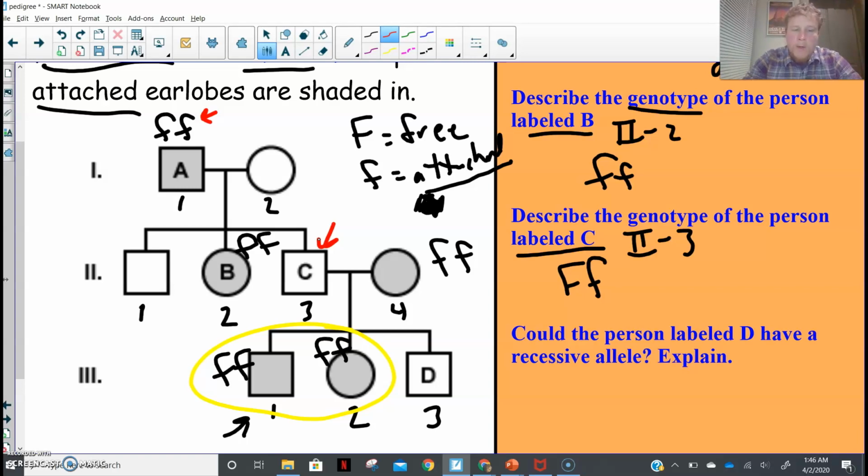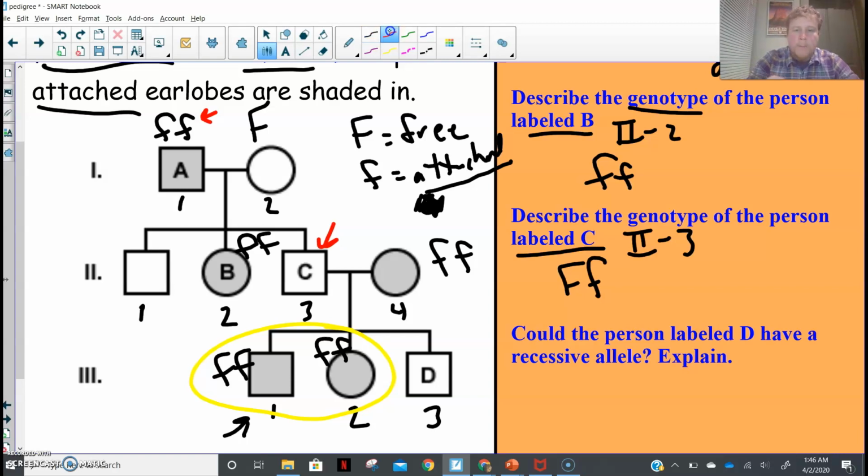Okay, so if we look at person 1-1, it's big F, little f. Person 1-2 has the unshaded trait, so we know that they have to have at least one big F. Now, if all of their kids were also unshaded, then we would probably guess it would be big F, big F. It might not be, but we could guess.